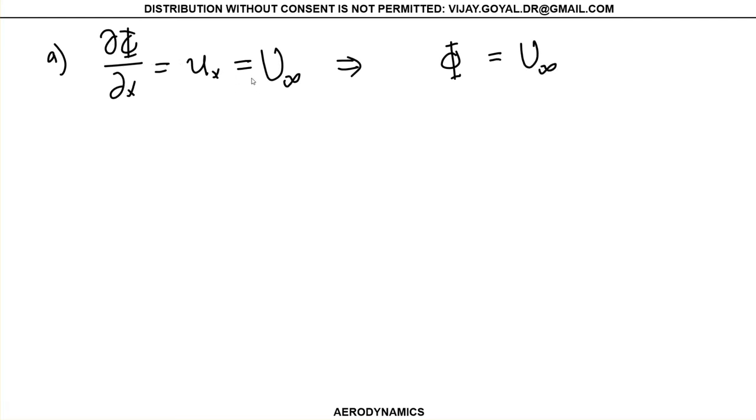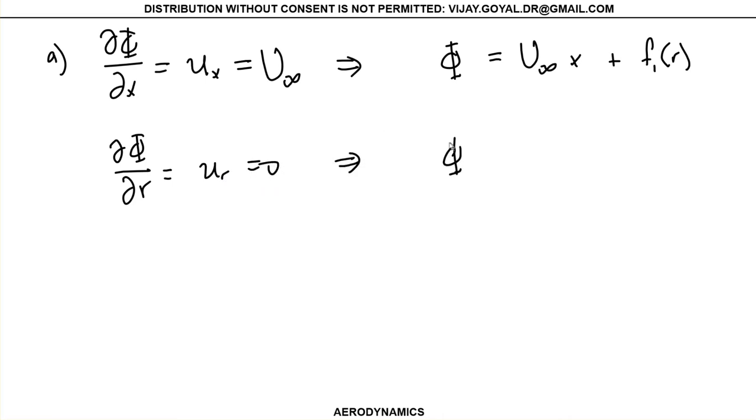So I integrate on both sides now, and I'm going to have a constant. Let's call this constant a function in r. Now, I also know from the problem that u with respect to r was equal to ur, and that was 0. So from here, I can see that this is actually equal to a constant in x.